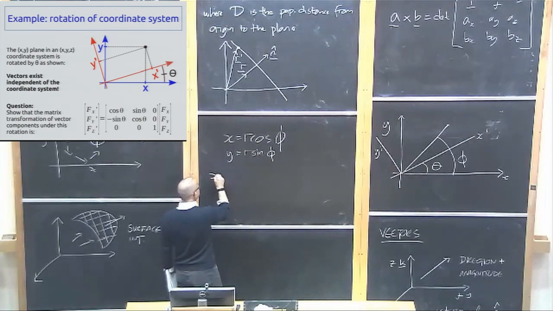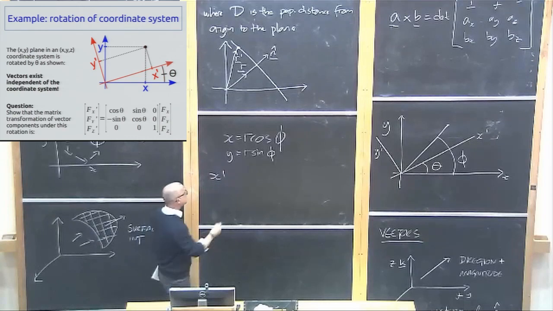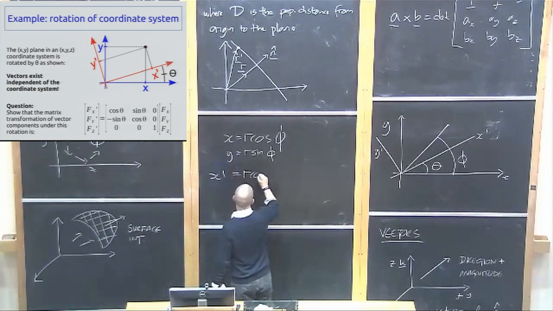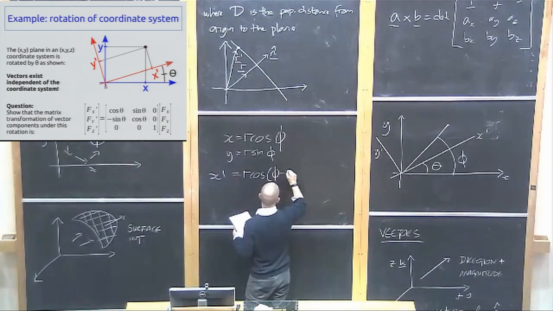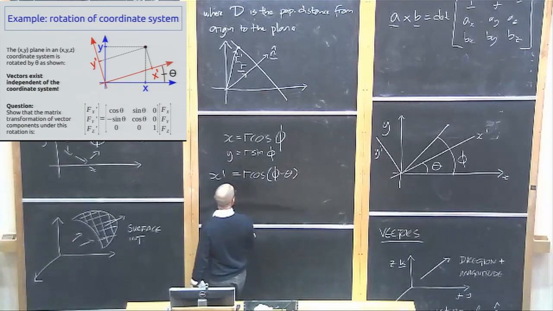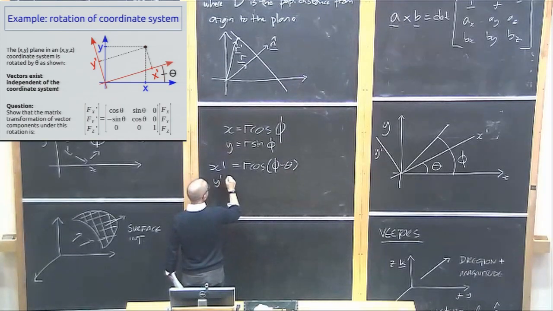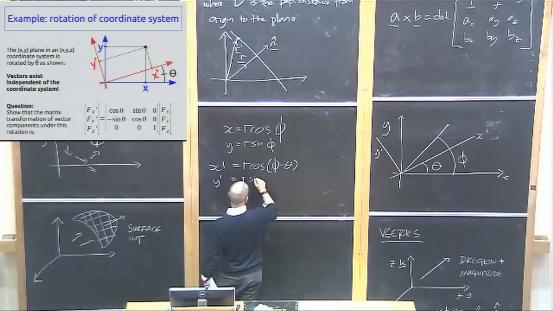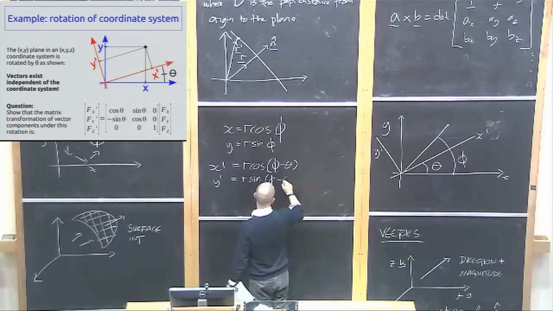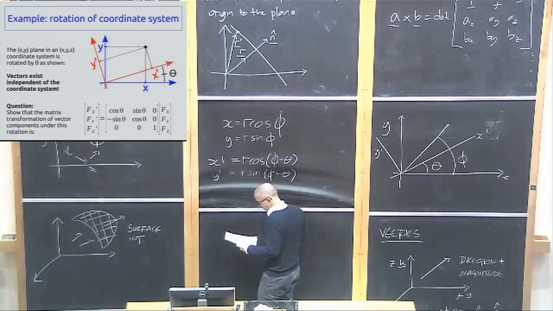So we now can see that in our rotated coordinate system, x prime is r cos (phi minus theta), and y prime is r sine (phi minus theta).